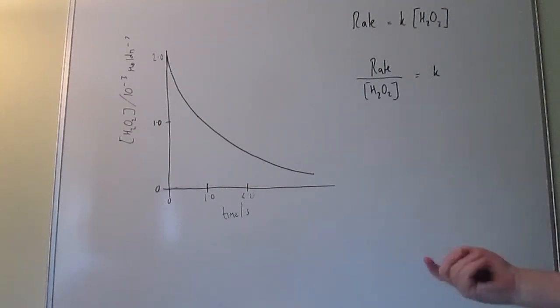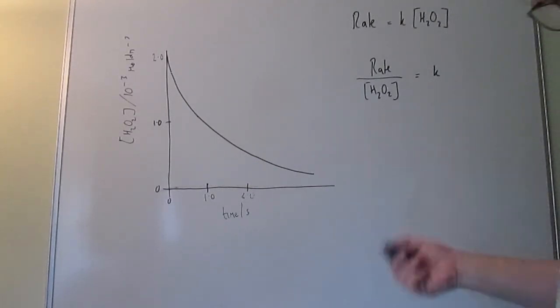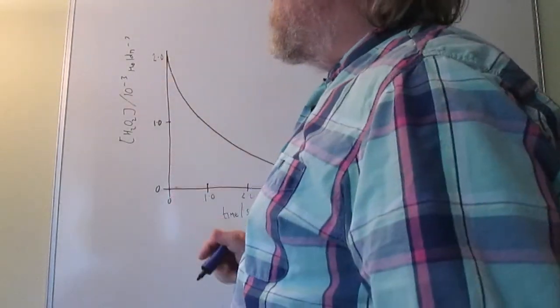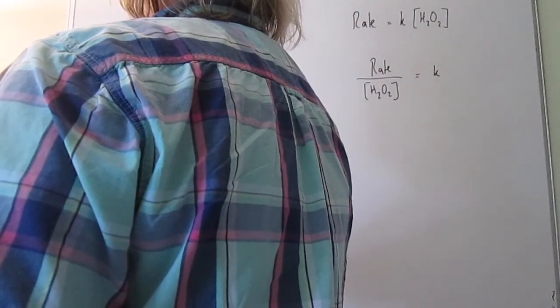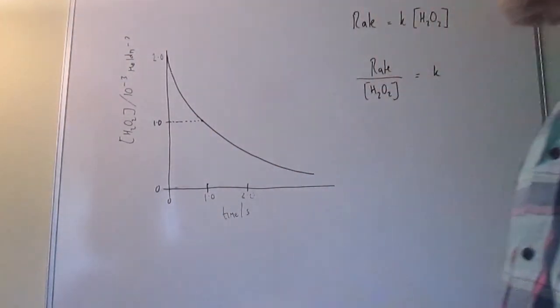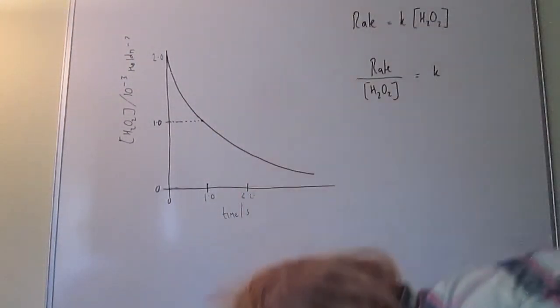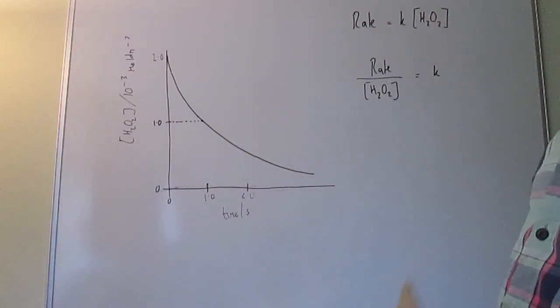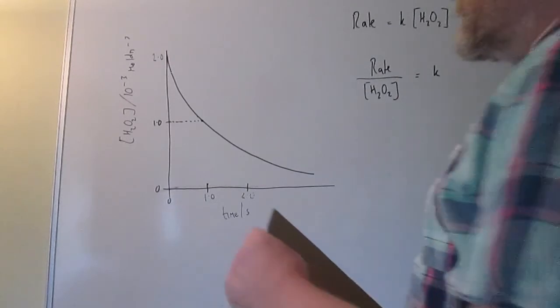So one alternative approach would be to do that. Let's say, for example, that we're going to choose a concentration of 1 times 10 to the minus 3 moles per dm cubed. So what we can do is draw a line across there so that it touches the curve at that point, and then we have to draw a tangent to the curve which just touches it at that point, and the gradient of that tangent is going to give us the rate.